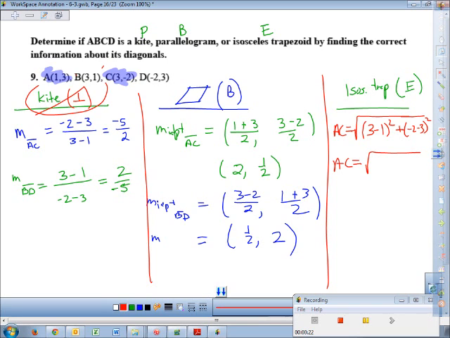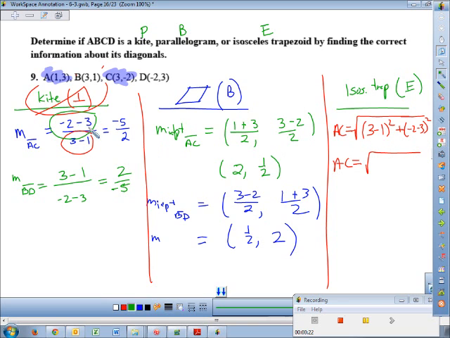Now check this out. I haven't even gone any further. Just stop. I want to show you a secret. 3 minus 1. Negative 2 minus 3. Did we do that anywhere else already? The slope formula and the distance formula have the same ingredients in it. Isn't it subtract your x values from each other, subtract your y values from each other?